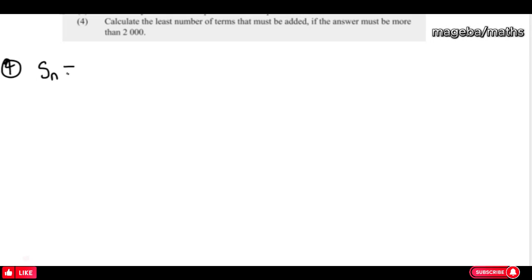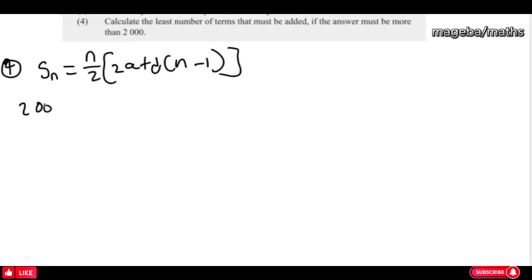So our sum, the least number, this must be 2000. So our sum is going to be 2000, and this is going to be looking for n, because which number of terms must be least, we're still looking for the number of terms. So here it is still 2 into 6, and then plus 4 into n minus 1.